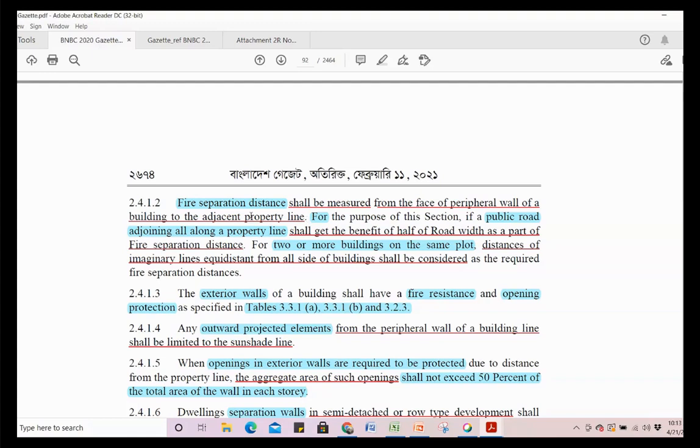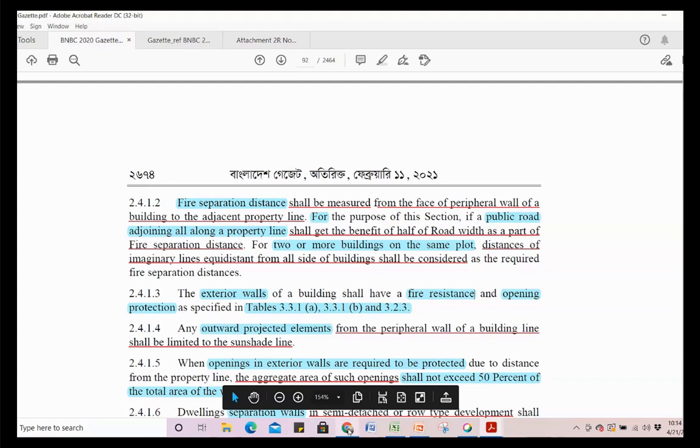It will be measured from the property line to the face of the building's peripheral wall. However, for public roads adjoining the property, we have an exceptional situation. For fire separation, we can measure it from half of the road width. So things are like this, as I can at least draw from this information.